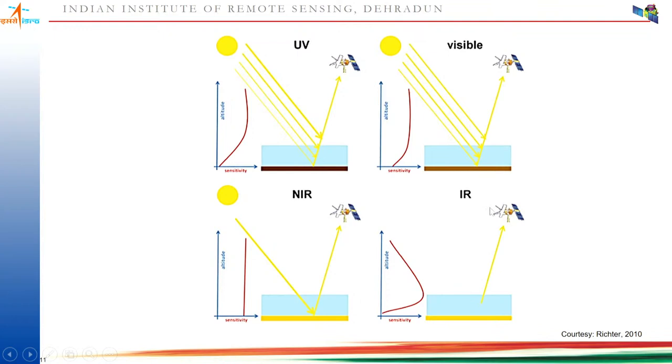This is the most important principle used in atmospheric sounding techniques, where we have sounders at the satellite level which look vertically to estimate the vertical profile and determine the physical properties of the atmosphere, whether it is temperature, pressure, humidity, or the concentration of different gases.